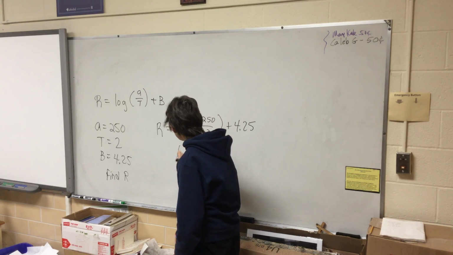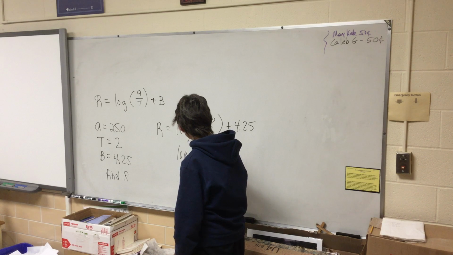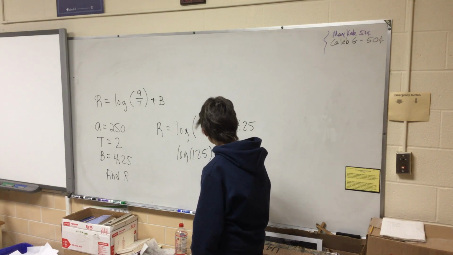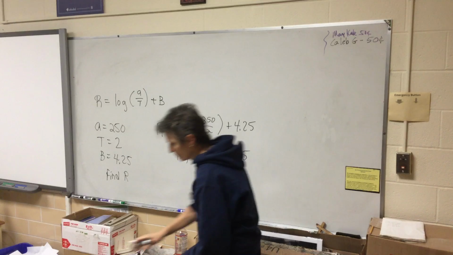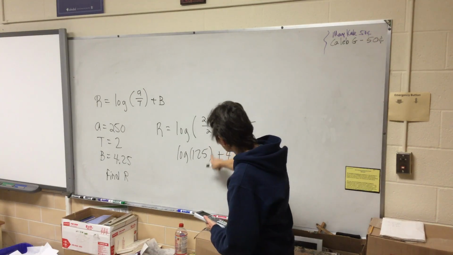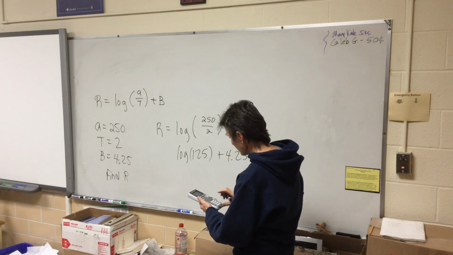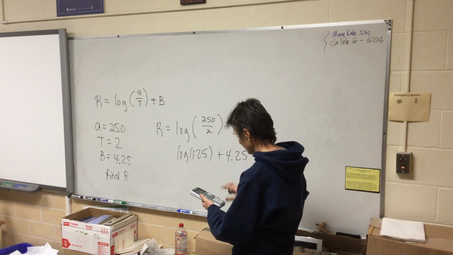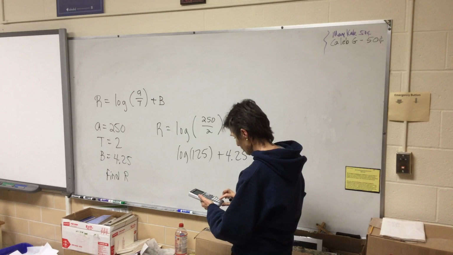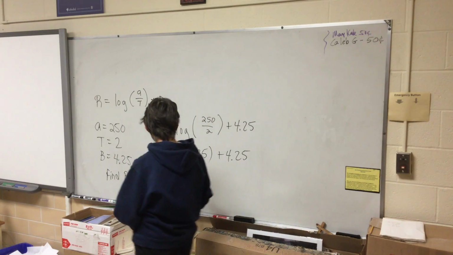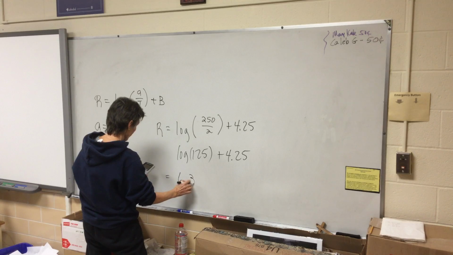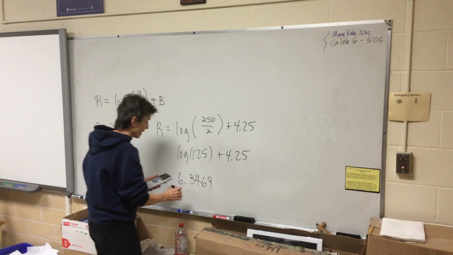And 250 over 2 is 125. So again, remember to close the parentheses. Log 125, close parentheses, plus 4.25. And I got 6.3469.